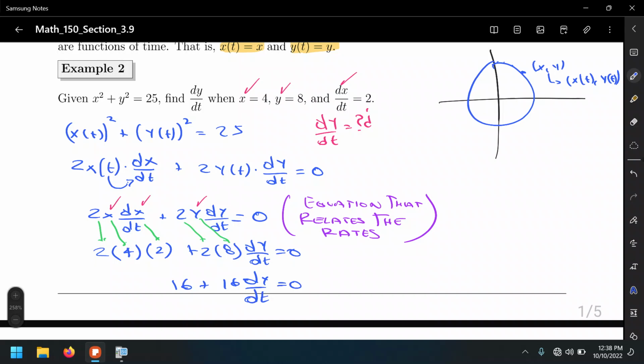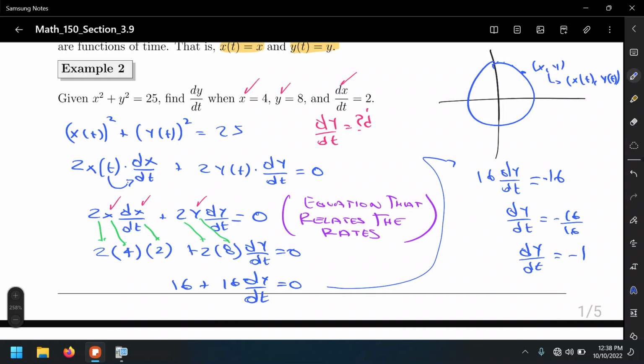And what are we going to get from here? Well, let's just solve this equation for dy dt. So that's 16 dy dt equals negative 16, and dy dt equals negative 16 over 16, which equals negative 1.